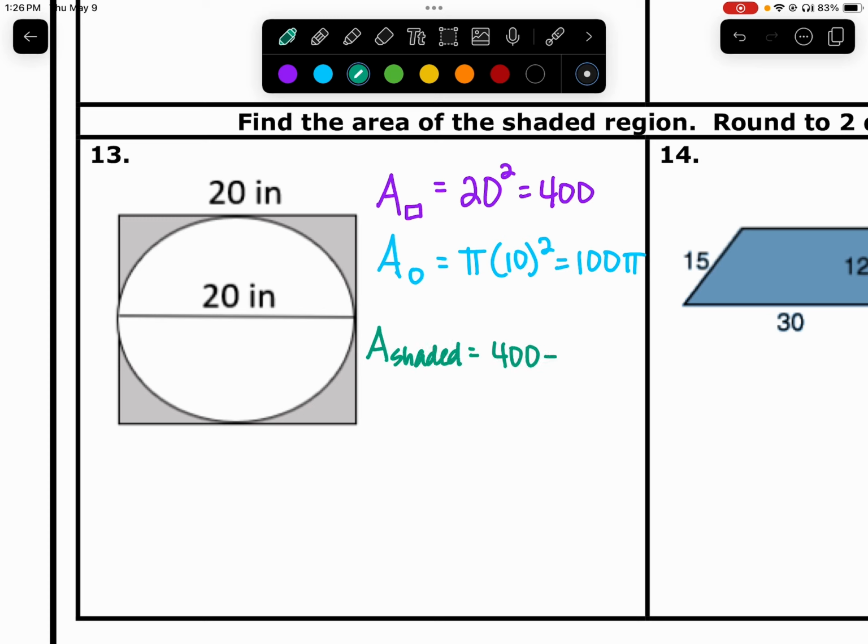So 400 minus 100 pi, and that'll give us 85.84, and that's square inches.